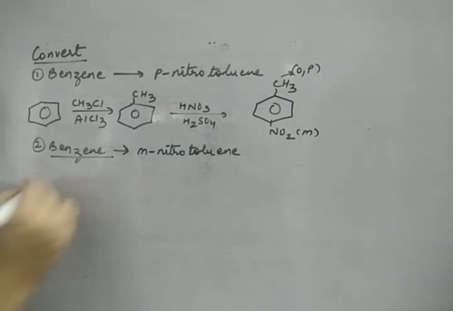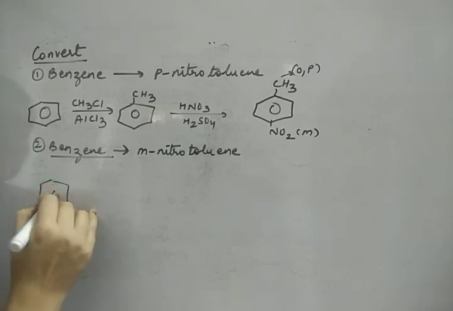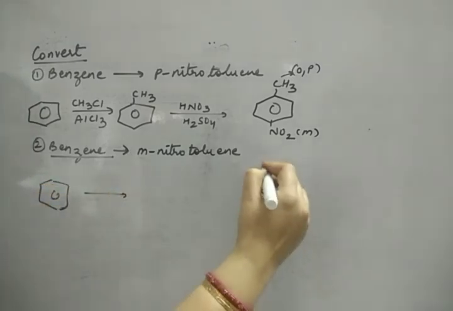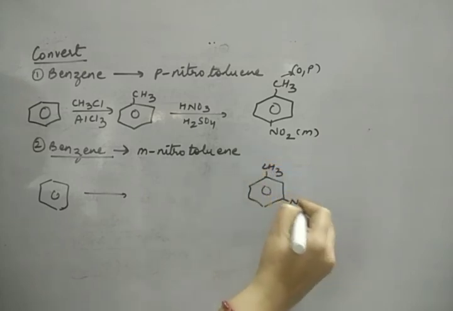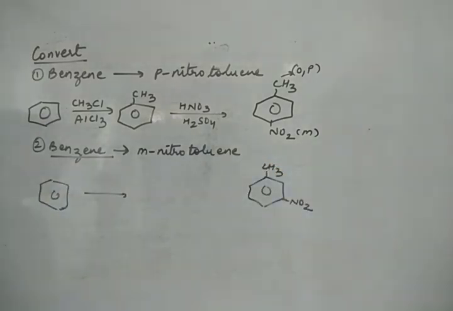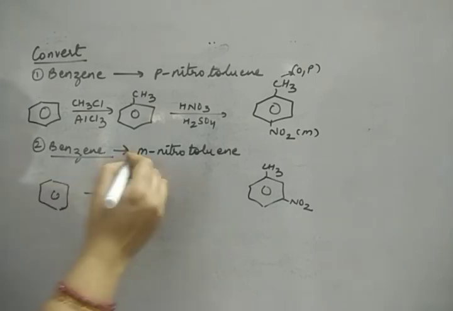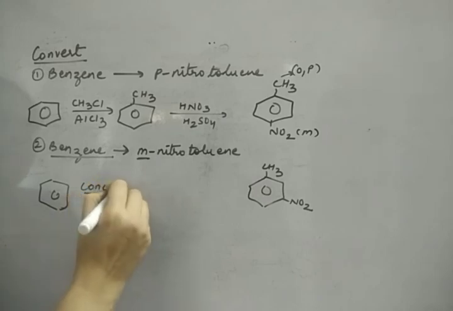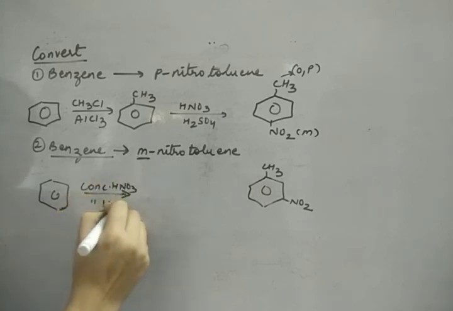But in the second question, I have to convert benzene to meta-nitrotoluene. Now meta-nitrotoluene is this. Again, CH3 is ortho-para director and NO2 is meta director. Now which group should be introduced first? What do we want to get? We want to get meta product. So first we'll introduce the meta director, using concentrated HNO3 and concentrated H2SO4.